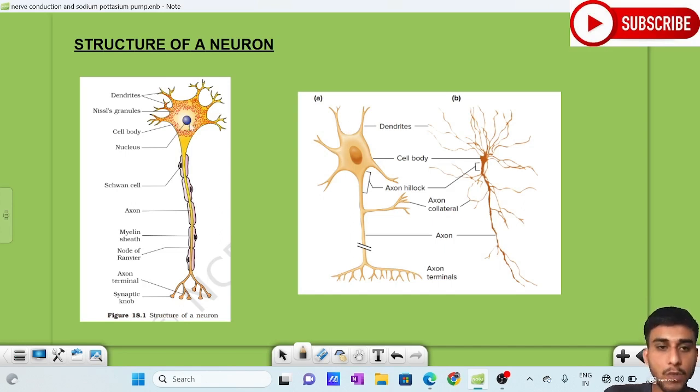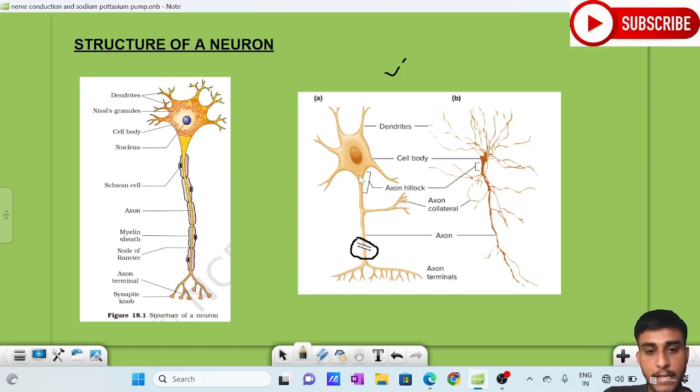Look here, there is another diagram showing the structure of a neuron. This consists of a dendrite, a cell body, and also an axon. Look, there's a small symbol given here, right? What does it mean? It means that the axon may sometimes be 5,000 to 10,000 times longer than the entire cell body.